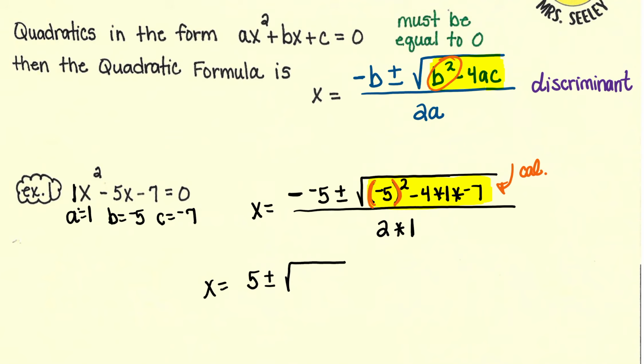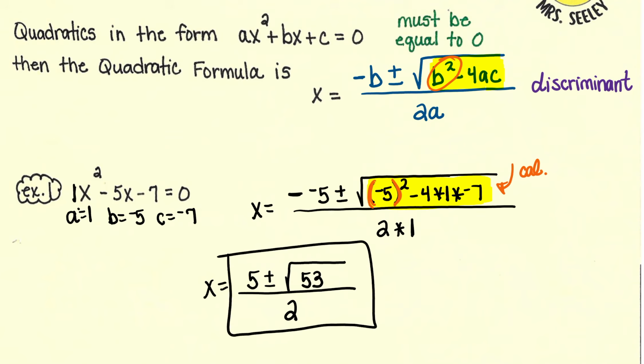Always use your parentheses there. So when I type that in the calculator, I'm going to get 53 all over 2. Now, that discriminant, or 53, cannot be simplified. That's not a radical that we can do anything to, so we are done in this case.